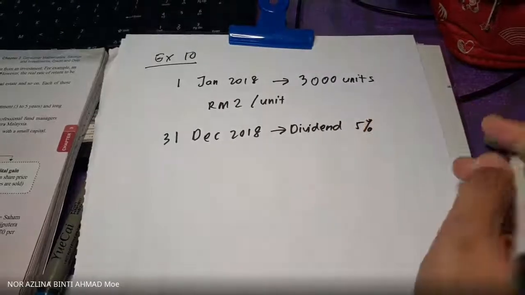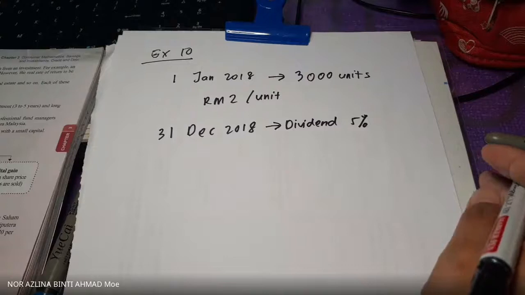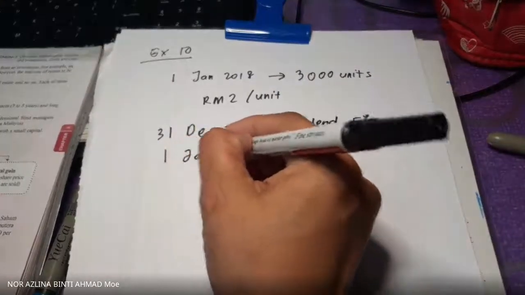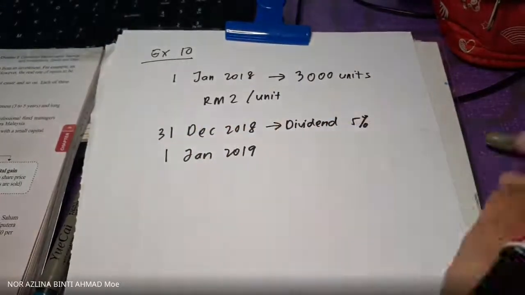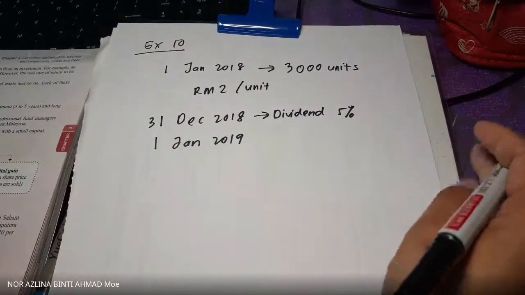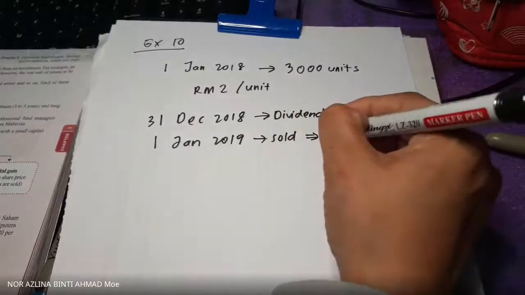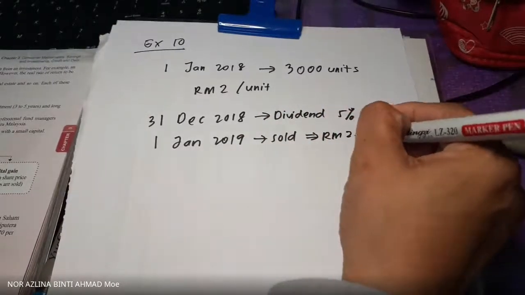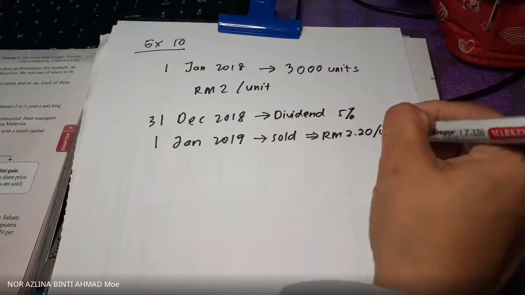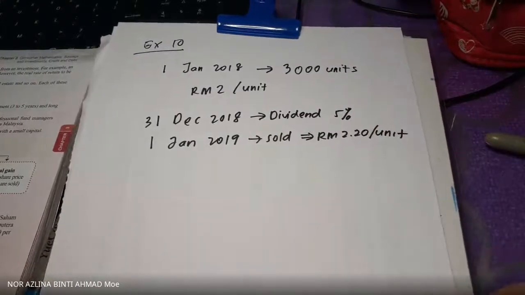On 1 January 2019, one city sold all the shares she owned, dia jual dengan harga RM2.20 per unit. What is the return on investment for one city?